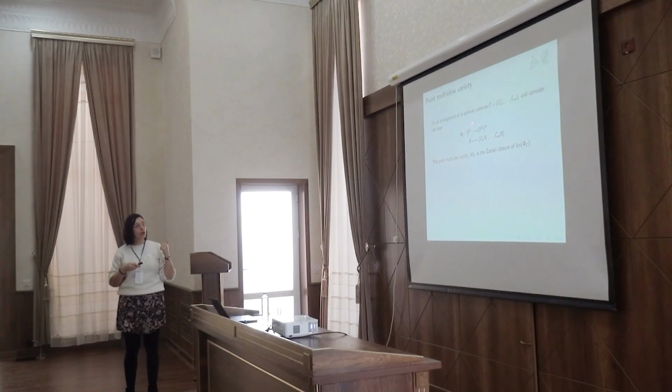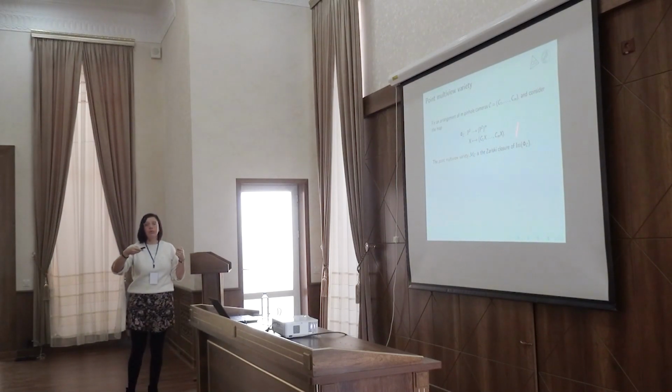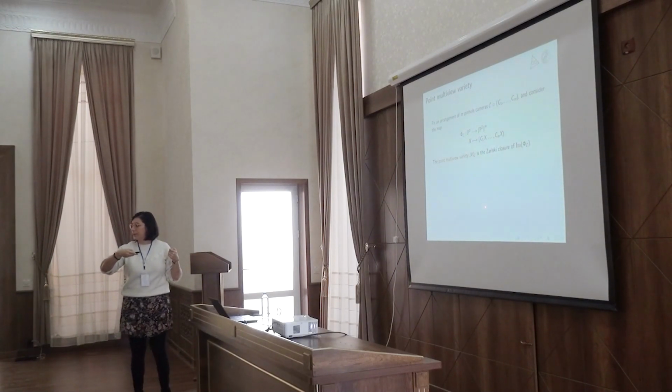So now our function goes from P3, from space, to (P2)^m, and I see how the image of a point looks through that tuple of cameras. So this map represents all the possible tuples that I can get with those cameras. And the formal definition is that the point multi-view variety is the Zariski closure of the image of that map.